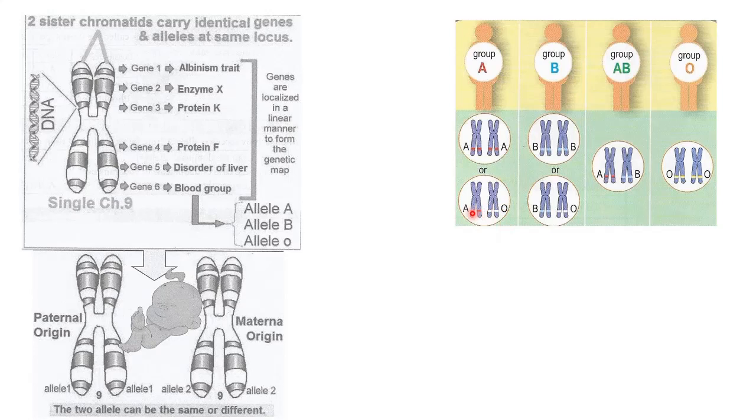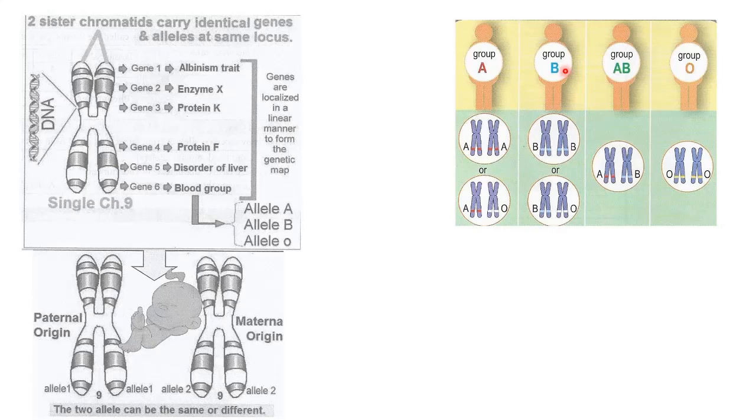Since allele A is dominant over allele O, this individual is going to be of blood group A because allele A is going to mask allele O. For a person to be of blood group B, he is supposed to have either two alleles B, one from his father and another from his mother, or another possibility, he has allele B and one allele O, so he's going to be of blood group B again because allele B is going to mask allele O in this case.